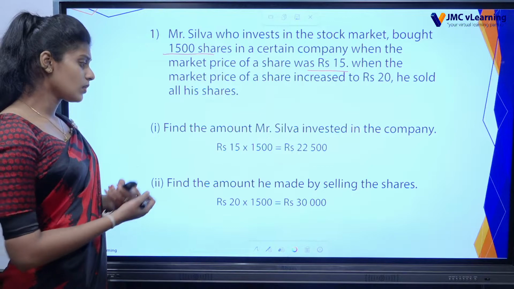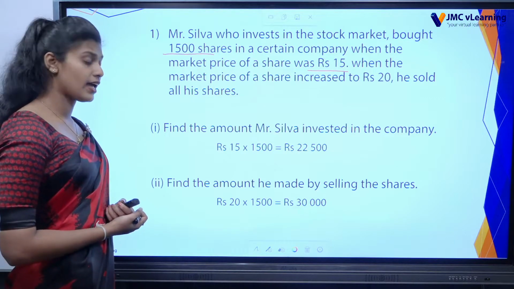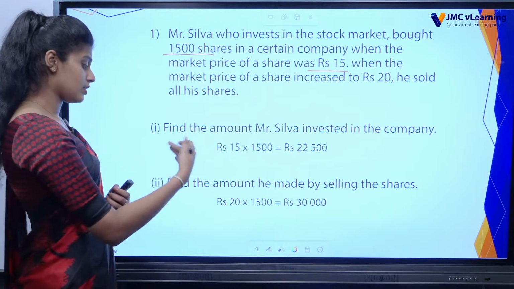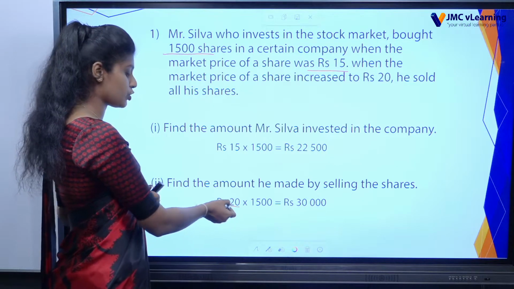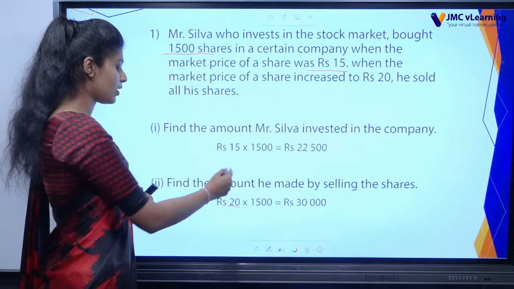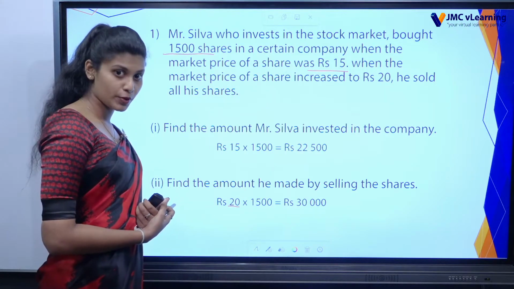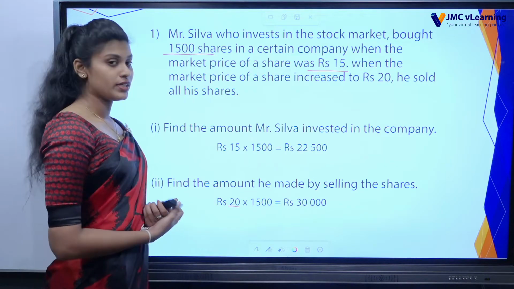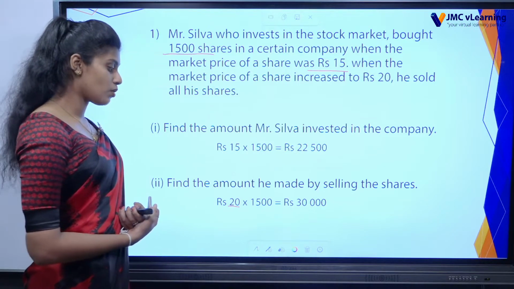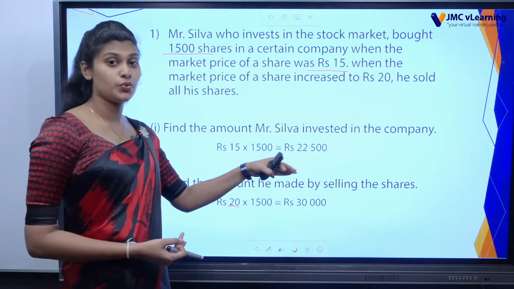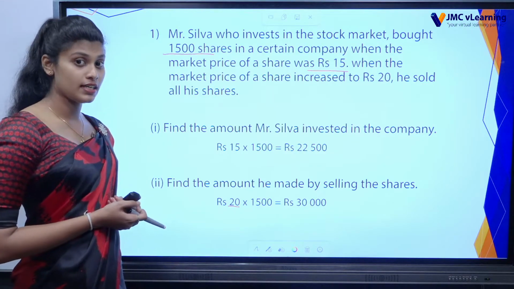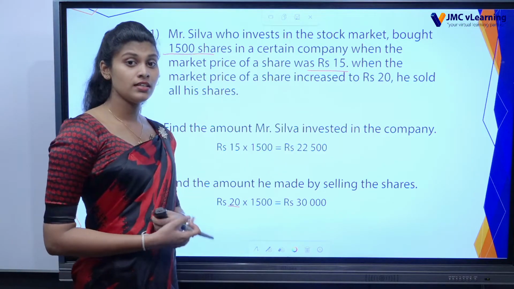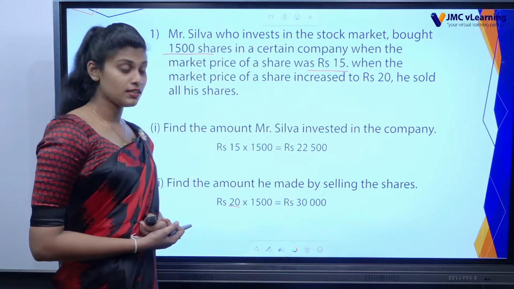How much can he take after selling all the shares? The value is 20 rupees, multiplied by the number of shares. It is equal to 30,000. He invested 22,500 rupees. After selling the shares, he can take 30,000 rupees.